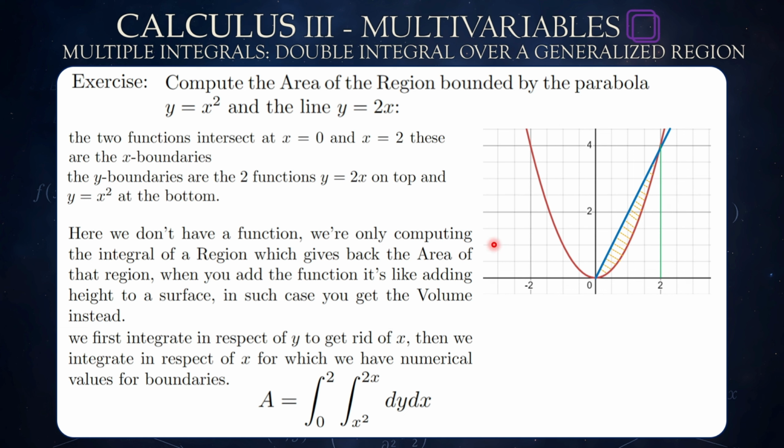You need to note here, and this is how you know it, x has specific discrete values from 0 to 2. So you solve x last, but y is changing from y equal x squared to y equal 2x. That's why you solve that integral first with respect to dy, then you solve it with respect to x to get the final value of the integral, which is the area of that region.